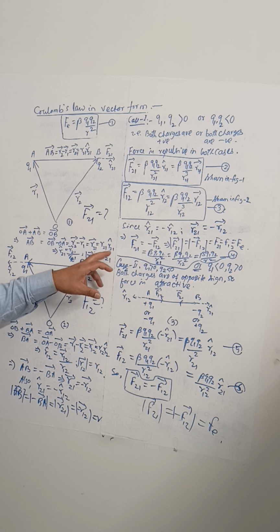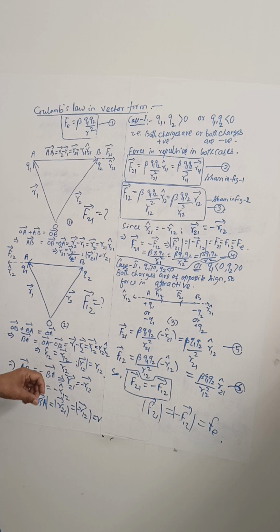The unit vectors R21 cap and R12 cap show the direction of vector R21 and vector R12 respectively.